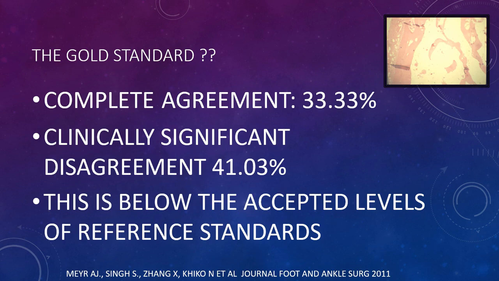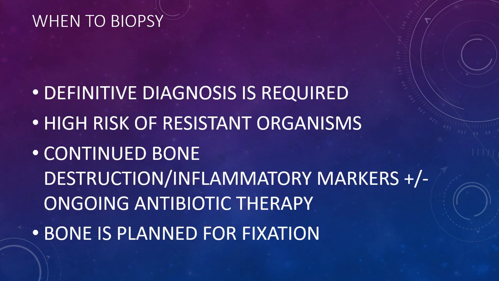The pathologists only agreed in 1/3 of the specimens and had a significant disagreement in over 40% of the specimens, therefore sort of deflating this concept that bone histology is the end-all be-all, particularly given the fact that early on Charcot's joint disease and inflammatory arthritis are associated with inflammatory changes.